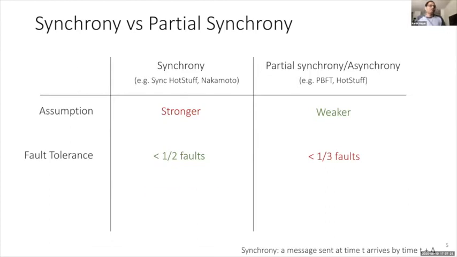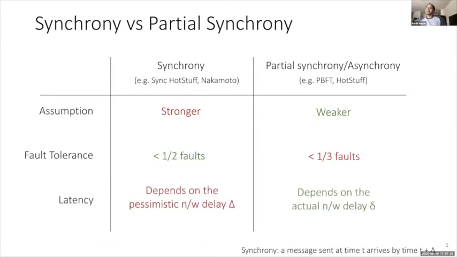However, yet another disadvantage with the synchronous protocol is that typically the latency of a synchronous protocol depends on the pessimistic network delay, capital Delta. Let's say our pessimistic network delay is 10 seconds, and actually the messages are arriving within a few milliseconds.